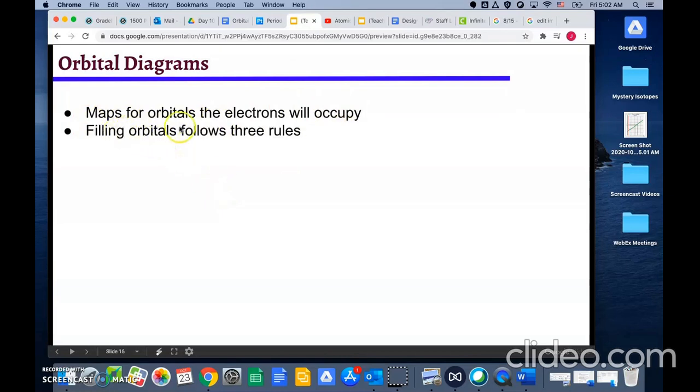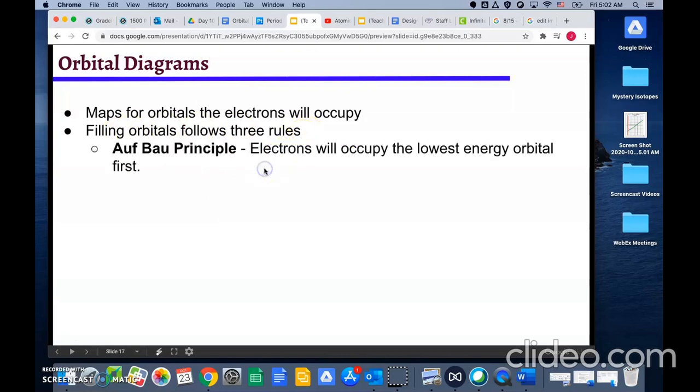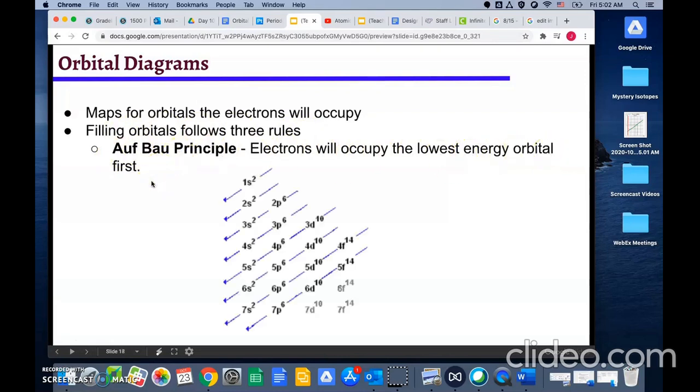We're going to fill in orbitals following these three rules. So first off is the Aufbau principle. Electrons will occupy the lowest energy orbital first. So you kind of see 1s is the first orbital that gets occupied, then 2s, then 2p, then 3s, then 3p, then 4s, then 3d, then 4p, then 5s.